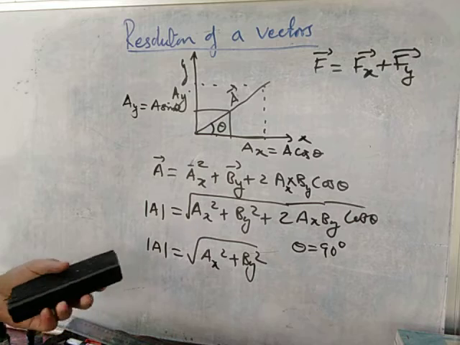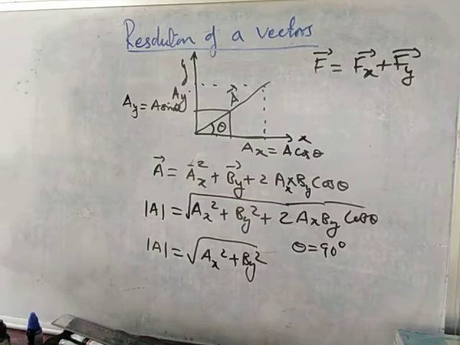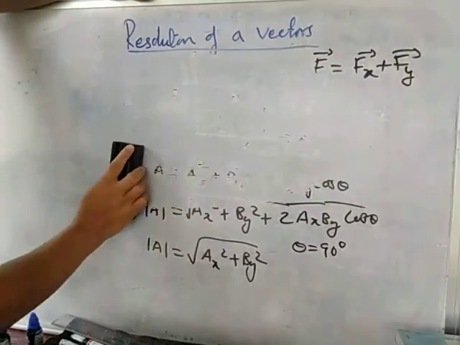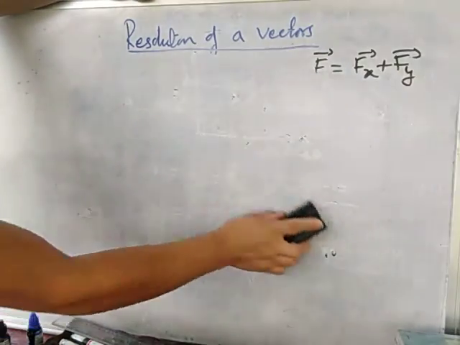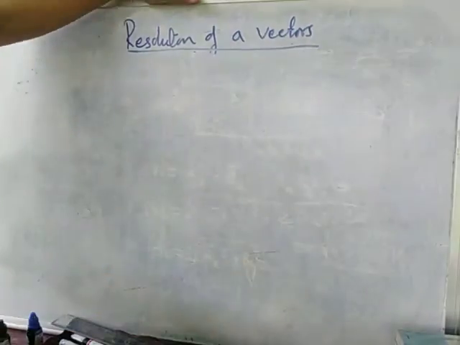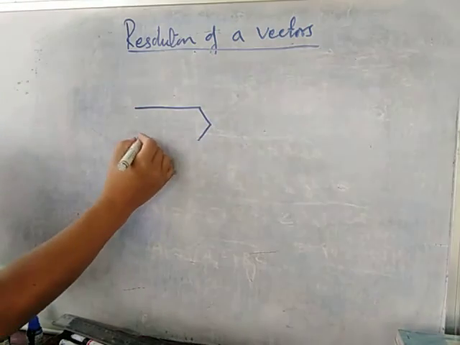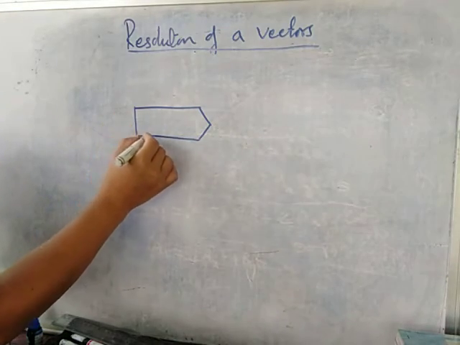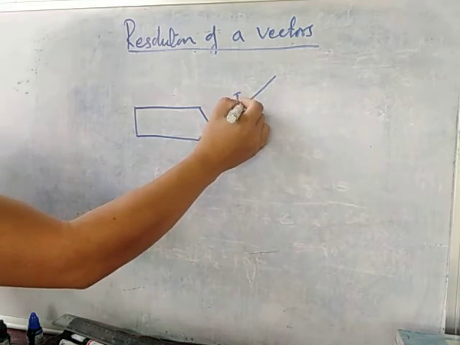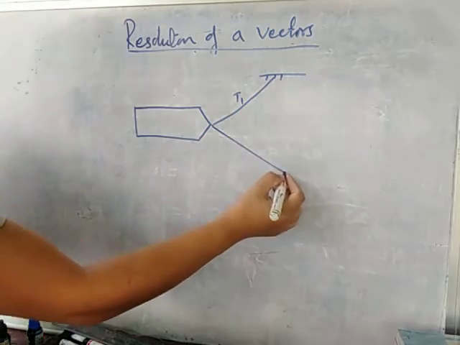Then a question may come like this: find the components. Okay, so write down the question. Okay, let's try this one. See, if I have this type of object, and I have a string like this, and here we have tension T1, and also here I have a string, isn't it?